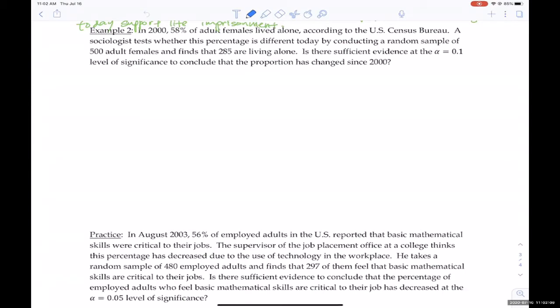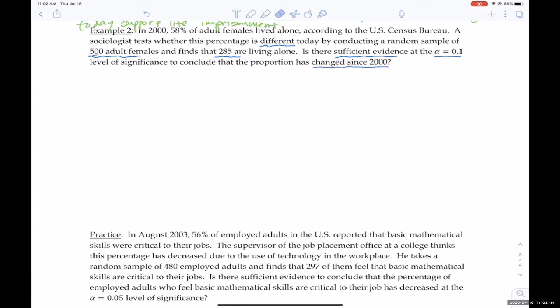A sociologist tests whether the percentage is different today by conducting a random sample of 500 adult females and finds that 285 are living alone. Is there sufficient evidence, at significance level alpha of 10%, which is 0.10, to conclude that the proportion has changed since 2000?